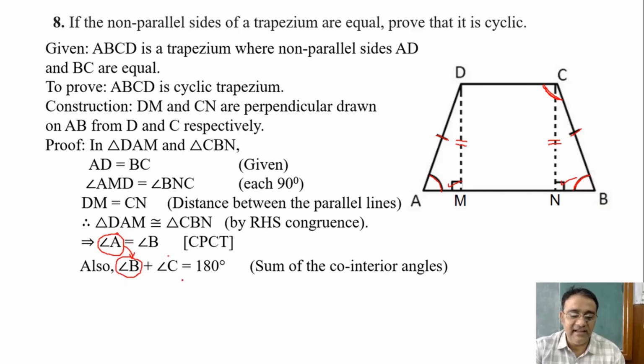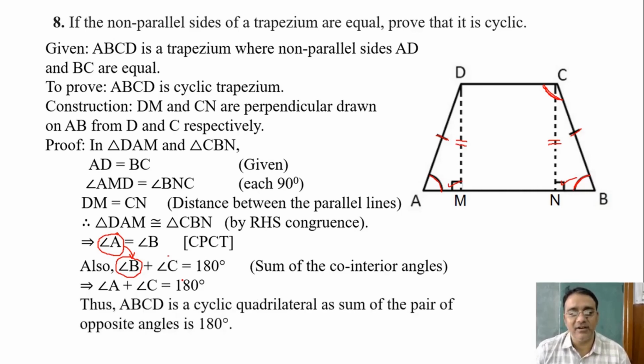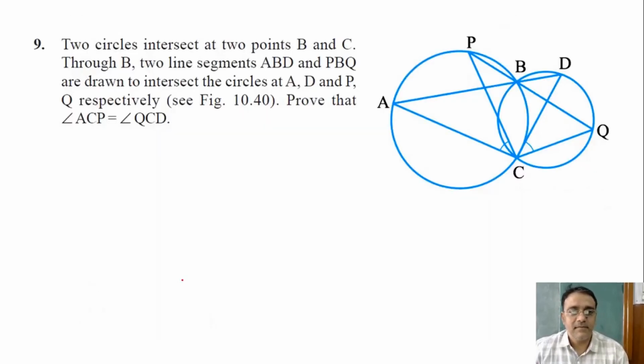So we'll get angle A plus angle C is equal to 180 degrees. Now the pair of opposite angles has become supplementary. That means the sum of the opposite angles is equal to 180 degrees. Therefore ABCD is a cyclic quadrilateral. Any doubt? No, sir. Okay. Now we'll move towards question number 9.